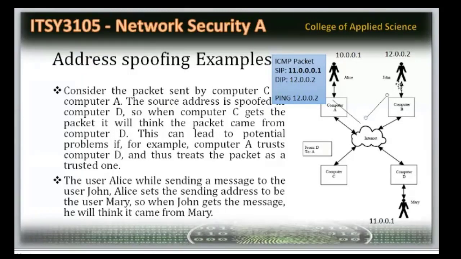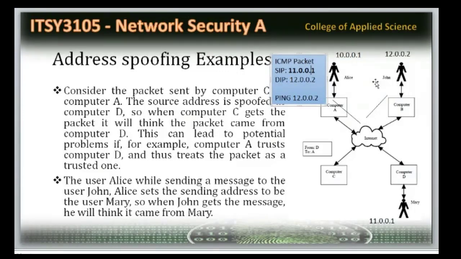Now, he is going to open the packet. What is written inside the packet? Inside the packet, it is written 11.0.0.1. The packet is coming from 11.0.0.1. Now, John is going to give a reply.